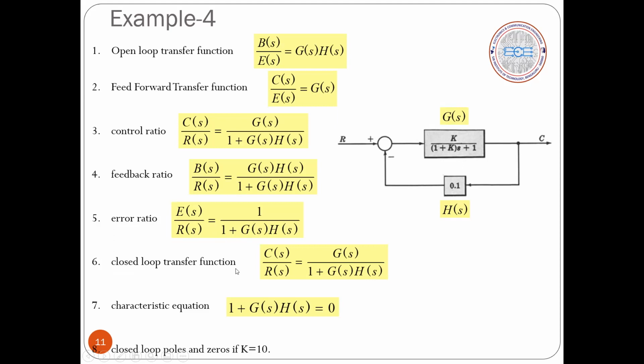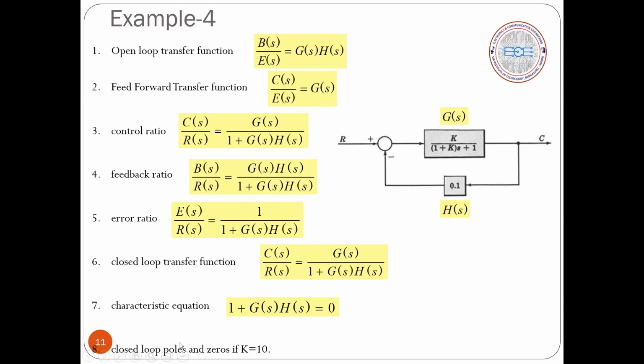The closed loop transfer function, that is the control ratio, we also call output divided by input, which is equal to G(s) divided by 1 plus G(s) into H(s). You can see here the closed loop transfer function and the control ratio equations are the same. So the characteristic equation is the denominator of the closed loop transfer function: 1 plus G(s) into H(s) is equal to 0.